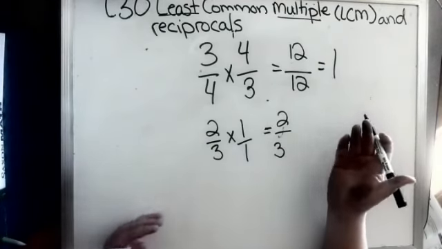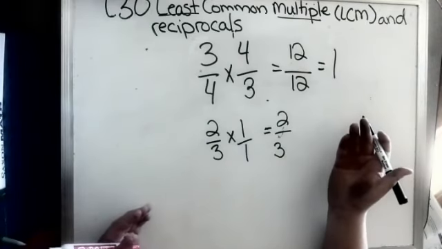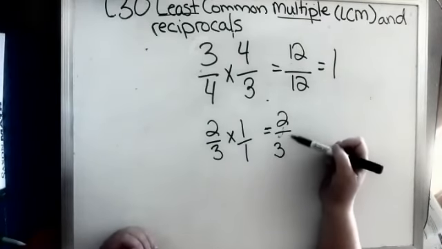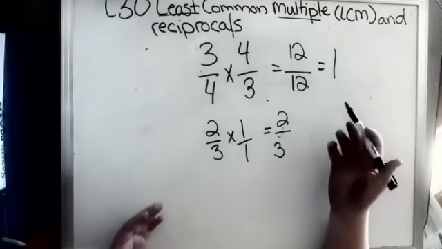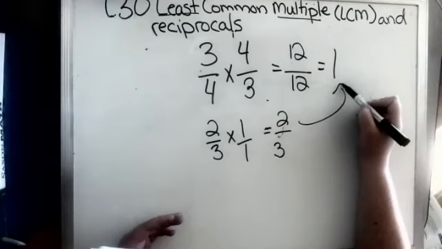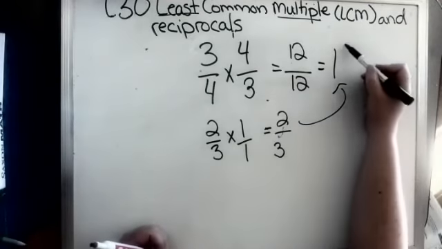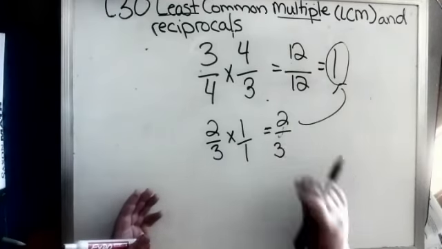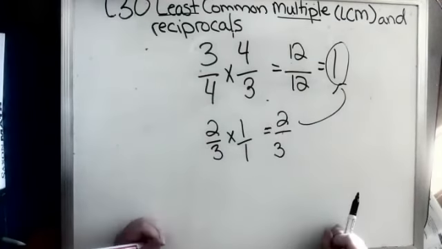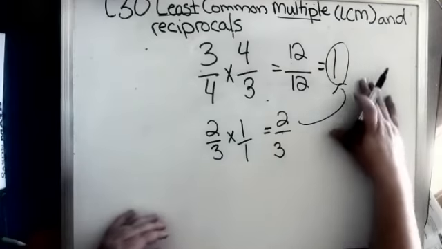No, they are not reciprocals, because 2/3 does not make a whole. So these ones are not reciprocals. The other ones are reciprocals because they make a whole number. But these ones are not because they do not make one whole number. That is the difference.